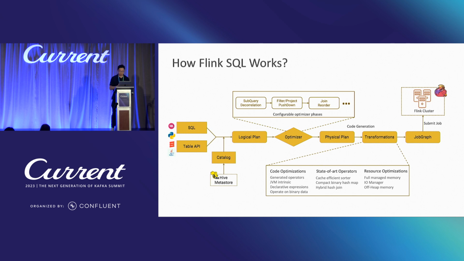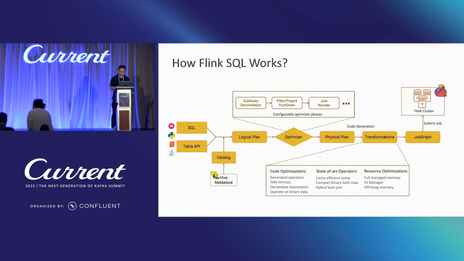Logical plan is the starting point of optimization. It represents a logical computation on the data set without worrying about the execution details. Next, Flink will apply lots of different optimization rules.